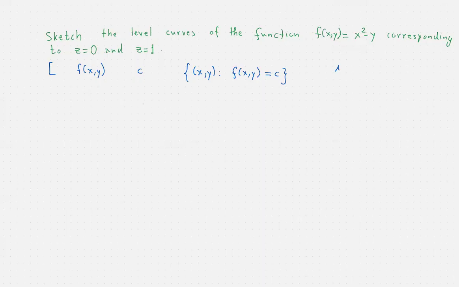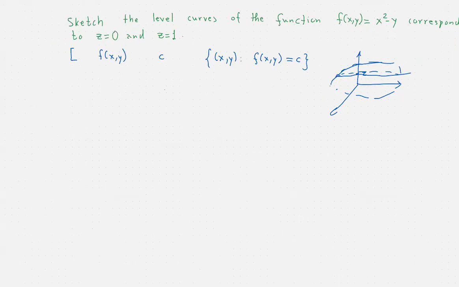So imagine that the graph of this function is considered to be a surface, and then for z equals c, we consider the horizontal plane that goes through c, and we intersect that surface along a certain curve.